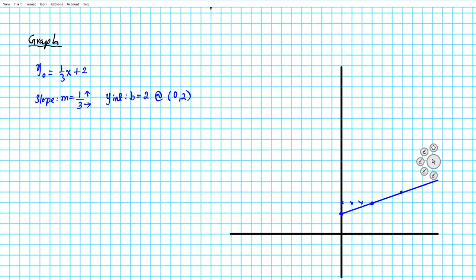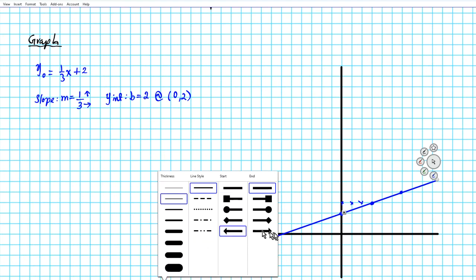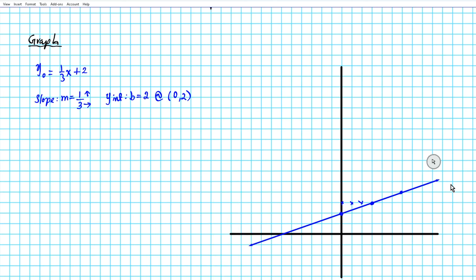Okay. And now what we're going to do next is graph the perpendicular and parallel lines. We're going to do the parallel line first. So the parallel line to this through the given point is, let's make it green, y parallel is 1/3 x plus 1.